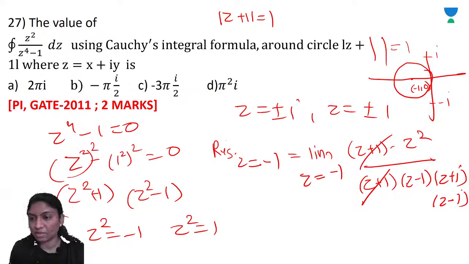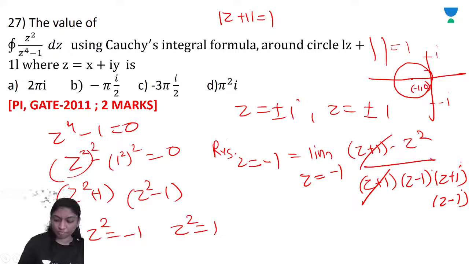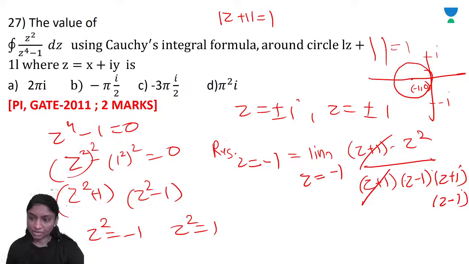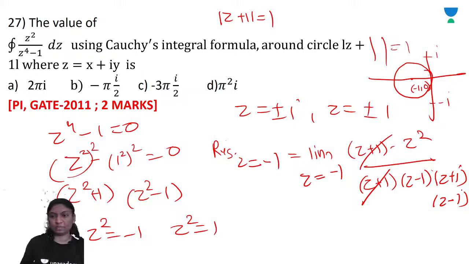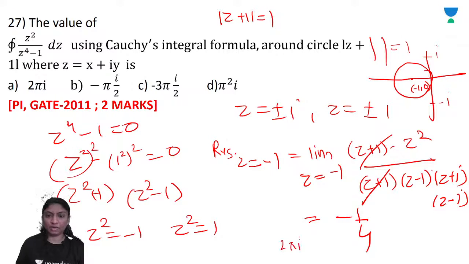Z is equal to minus 1, so 1 over minus 2, and here z is equal to minus 1, so (1 plus i)(1 minus i) and minus 2. So 1, 1. So minus 1 by 4. Yeah, that is minus 1 by 4. So 2 pi i into minus 1 by 4 means minus pi i by 2. Option B.